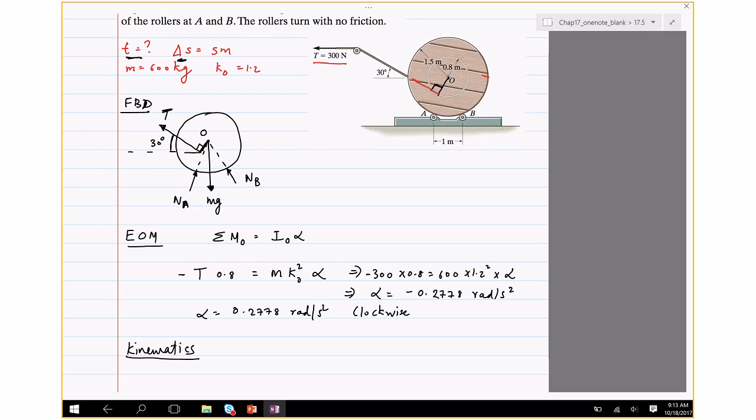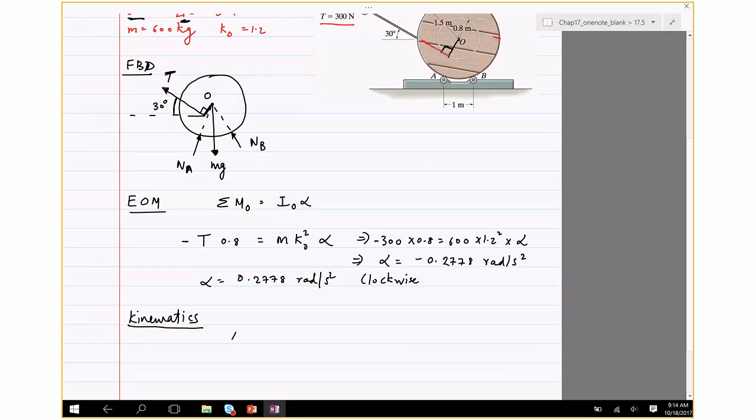Well, the distance unraveled, delta s, is related to the angle turned by the spool by this relation: delta s is the radius times delta theta, right? If I unravel a spool by distance s, that will be the same as the arc length traveled by the spool. In this case, it's going to be the inner radius of the spool.